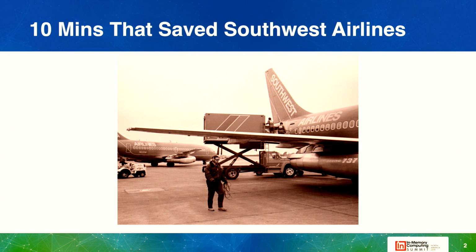The turnover time is the time span when your plane that just got taxied to a gate gets prepared for the next flight. So you need to deplane your existing passengers, you need to board the other ones, you need to replace the luggage, you need to fill up your aircraft, and so on. And usually the average time was between 45 minutes and 1 hour. And the airline was able to reduce this time to 10 minutes on average.